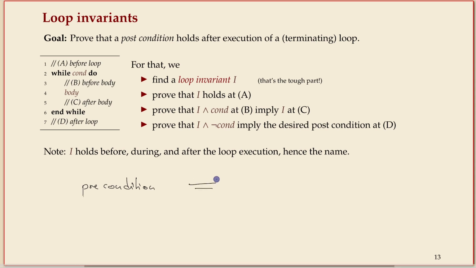Then you run your code. So this could be conditions on the variables, on the input. Then you run a piece of code and you try to have a formal implication that the preconditions together with the code imply a postcondition, which again is some statement about the variables and the output.